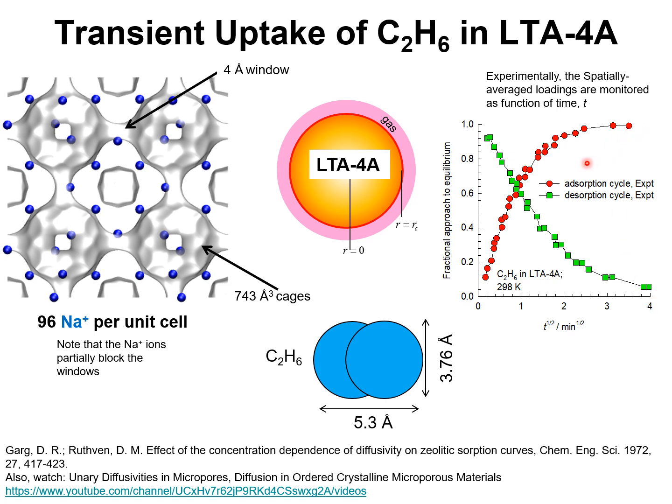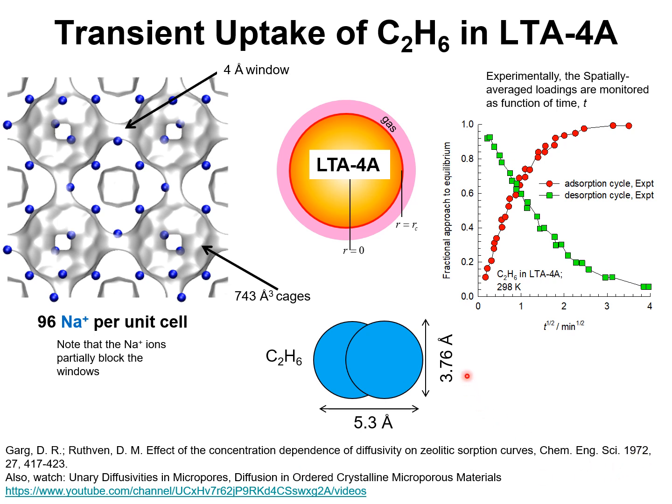After equilibration, the adsorbed ethane is desorbed by exposing the external surface to vacuum, and we have the desorption curve. The experimental data are from Garg and Ruthven, published in Chemical Engineering Science in 1972.